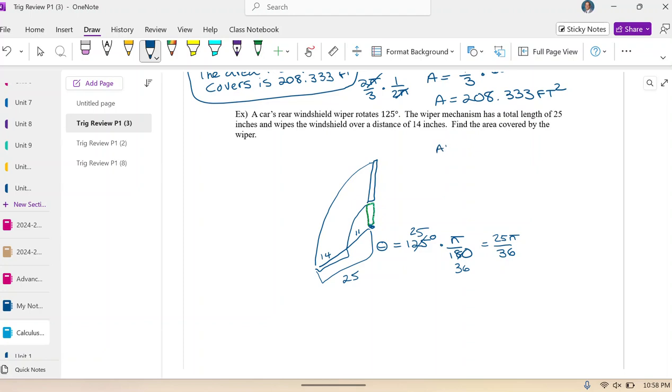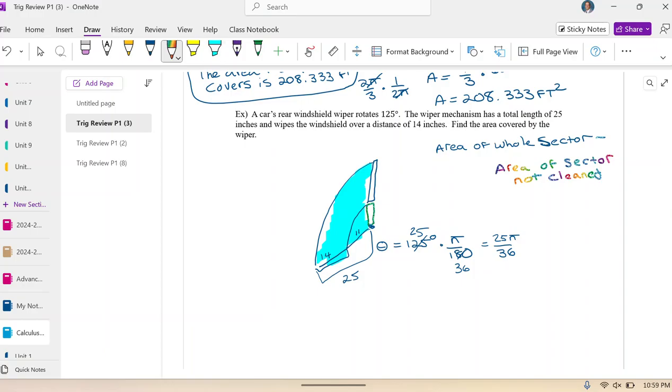So what you're going to do is find the area of the whole sector, which is this whole part, which includes the part that's not being cleaned as well, minus the area of the sector not cleaned.